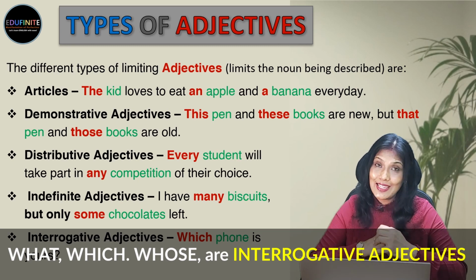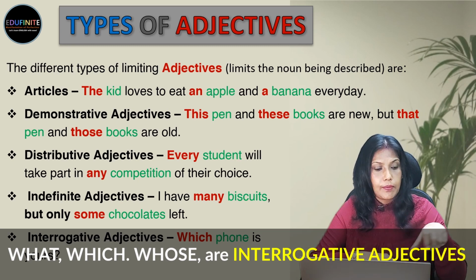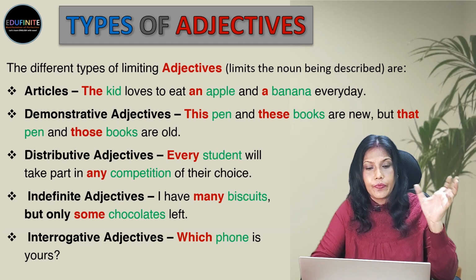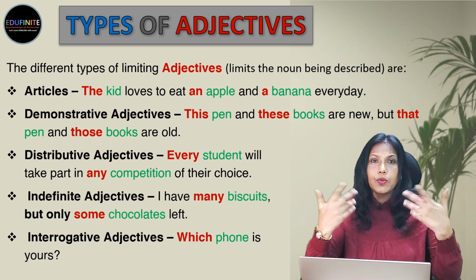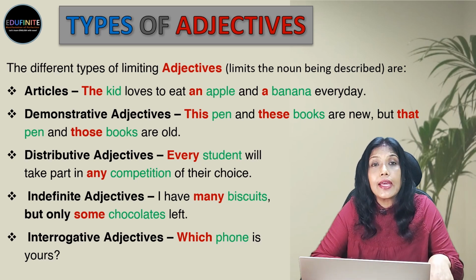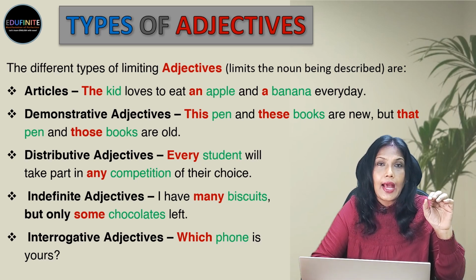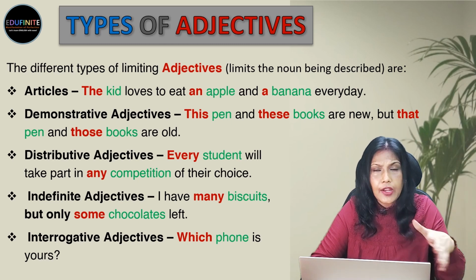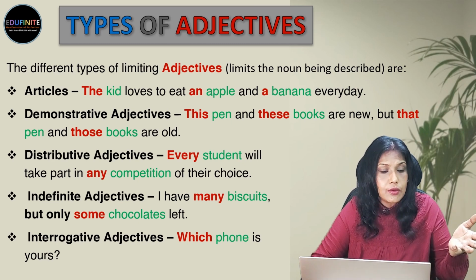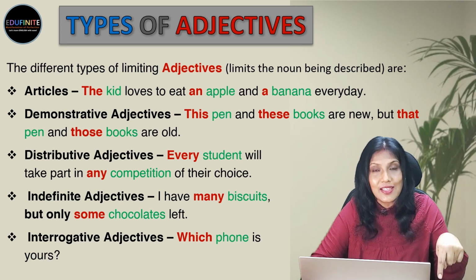Which phone is yours? So I'm picking up many phones. Maybe I've got 5 or 6 phones. Before going to the exam, the students have kept them on my table. And then when someone approaches, I don't know which is her phone. So I asked her, which phone is yours?